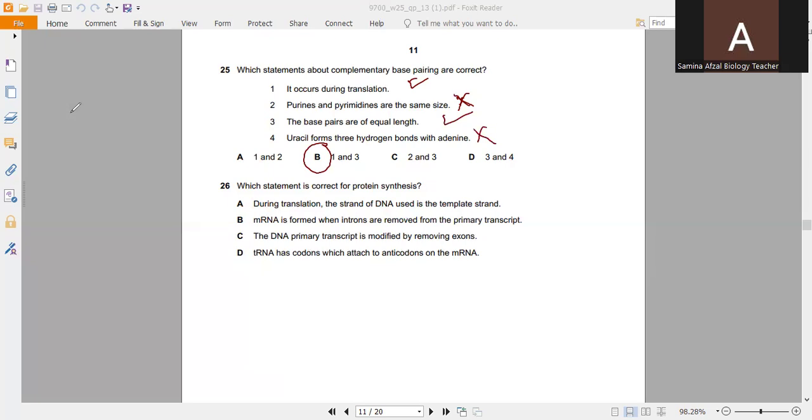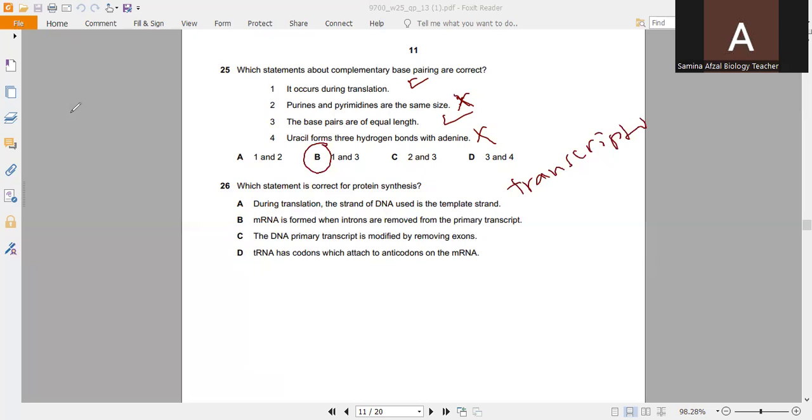Question number 26 is, which statement is correct for protein synthesis? During translation, the strand of DNA used is the template strand. This is incorrect because the template strand is used in transcription, not in translation.